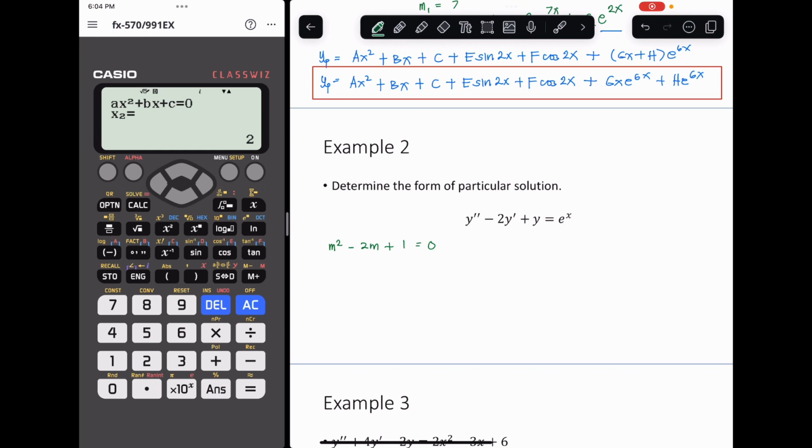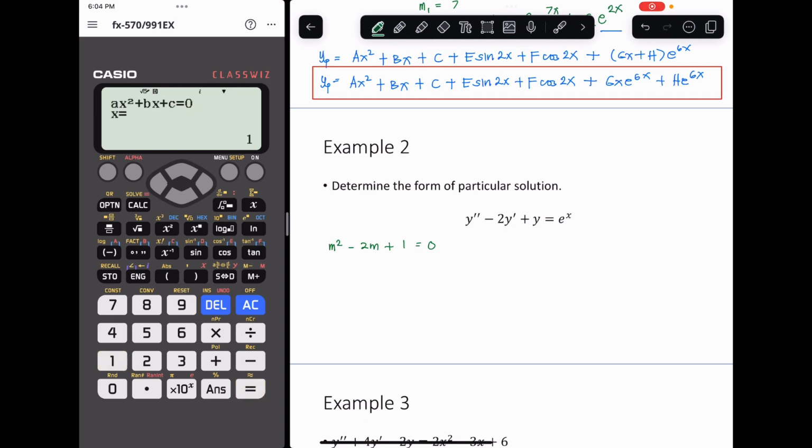We can use our calculator for the simultaneous equation, the polynomial of degree 2. So we have 1, then a negative 2, and a positive 1.